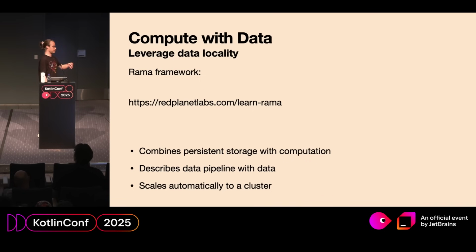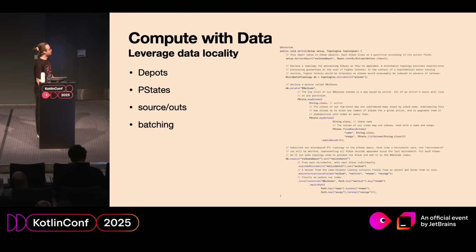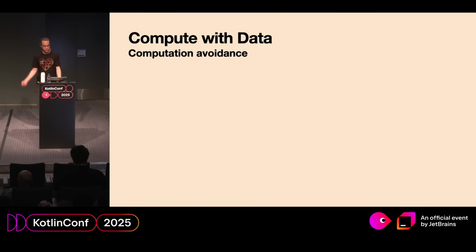They define stuff like depots, P-states, and so on, and they do batching, aggregation, and all these things. And I think they miss a Kotlin DSL for that. So those are their Java examples. It's really cool. When computing with data, we can leverage computation avoidance. Any source of computation avoidance relies on data properties. We don't think about it a lot, but it doesn't work without any of them.